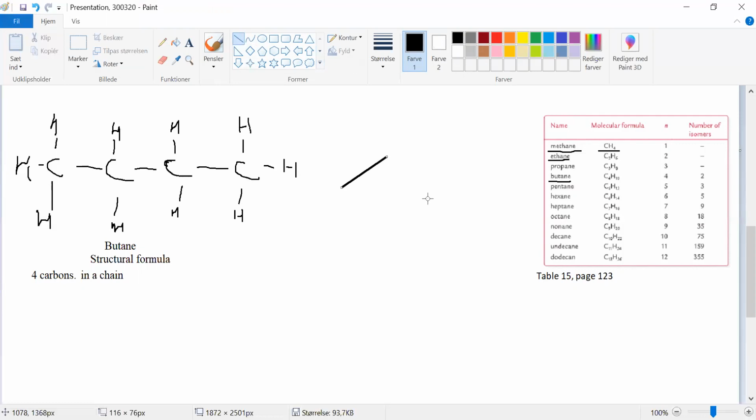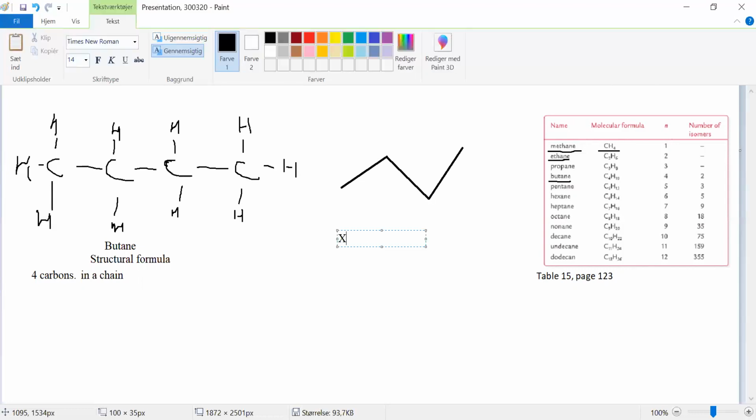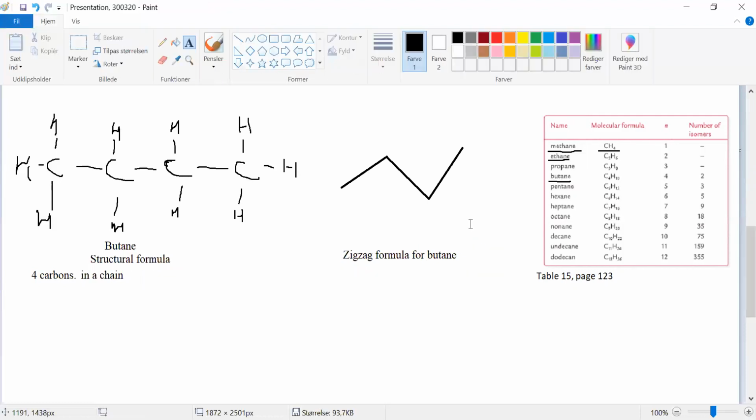So the zigzag formula for butane will be this here. And the principle in the zigzag formula is that you're very lazy, and it's very easy to draw it.